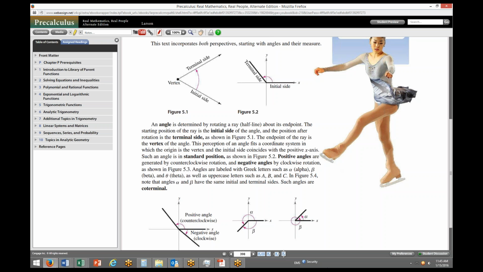It is a positive angle. But if we go the other direction, if we start at the initial side on the positive x-axis and swing around clockwise, first through quadrant 4, then 3, then quadrant 2, then quadrant 1, perhaps continuing on, then we have an angle of negative measure, or what we call a negative angle.